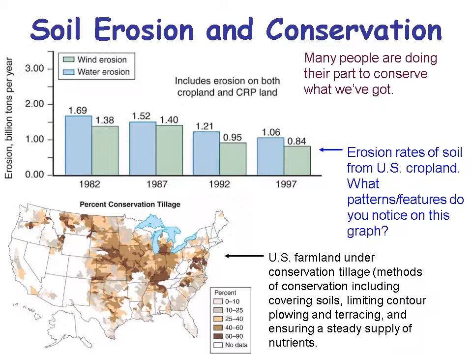And notice that erosion rates are going down over time mostly because the U.S. government has been paying farmers to not plow their land and put it in what's called CRP, or set aside land, and put grasses on their soil. And so just by not farming the land, we help preserve the soil here in the United States. And of course, I like that because it makes really good pheasant hunting too.